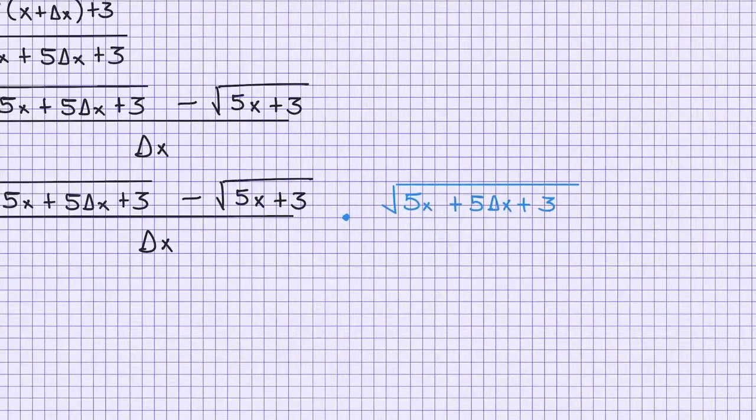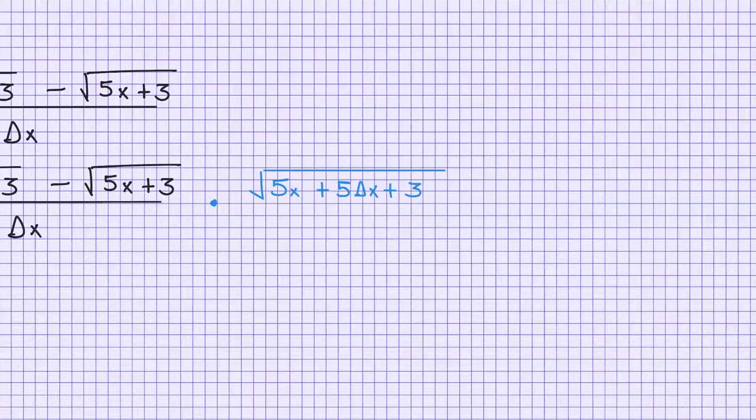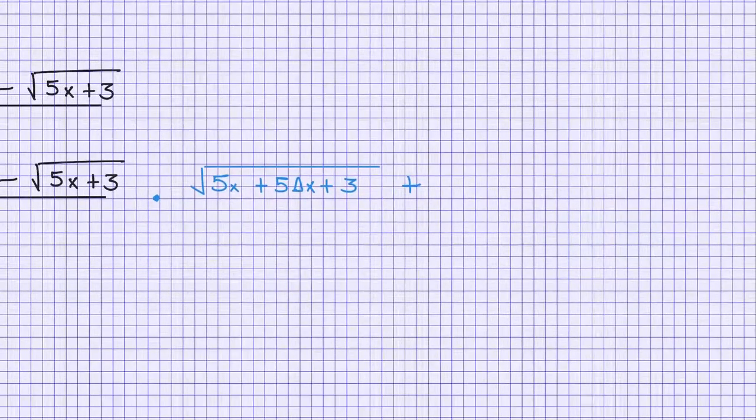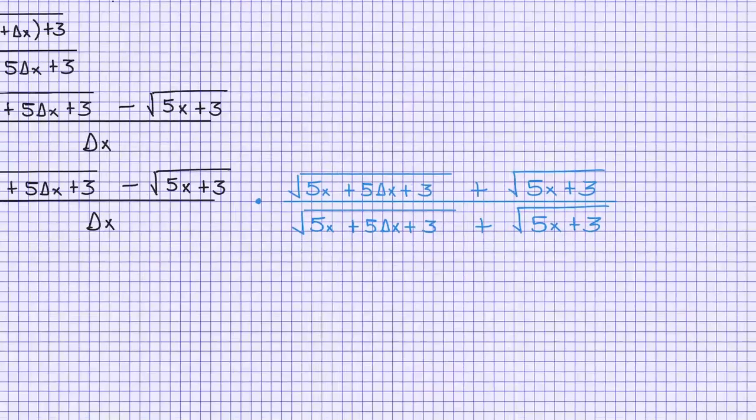And now, instead of using the minus, we're going to use the opposite sign, so it'll be plus, and then 5x plus 3. Divide everything by exactly the same numbers. If you remember, what we're doing is multiplying times 1. We're just going to rewrite it.